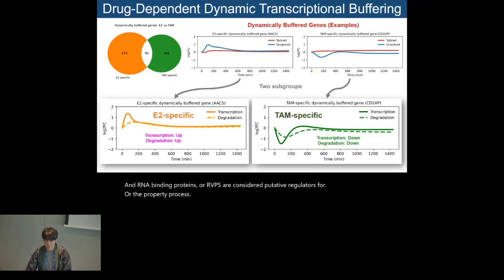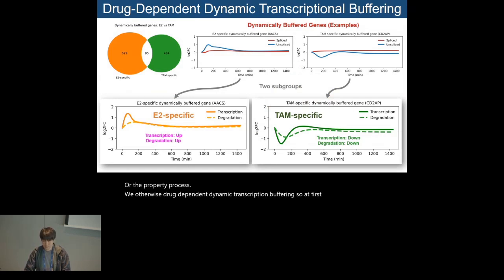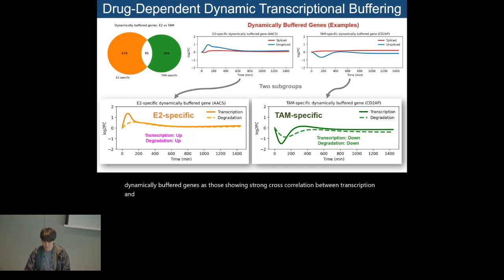We analyzed drug-dependent dynamic transcriptional buffering. At first, we defined dynamically buffered genes as those showing strong cross-correlation between transcription and degradation within 1 hour. Then we categorized these dynamically buffered genes into two groups: estradiol condition-specific and tamoxifen condition-specific.